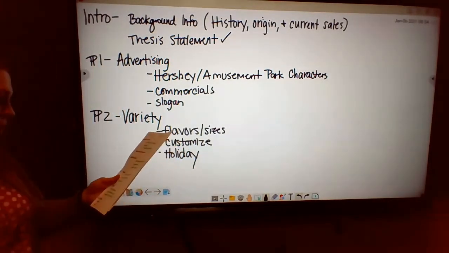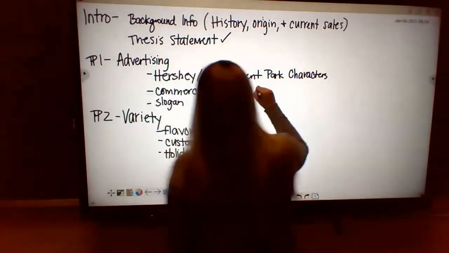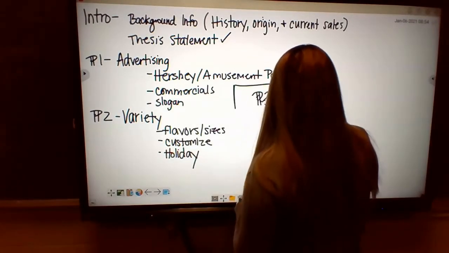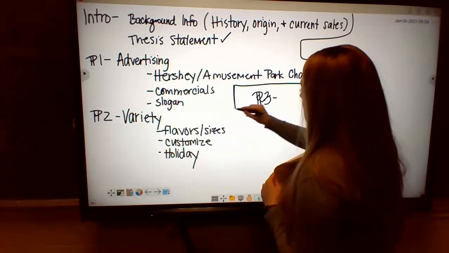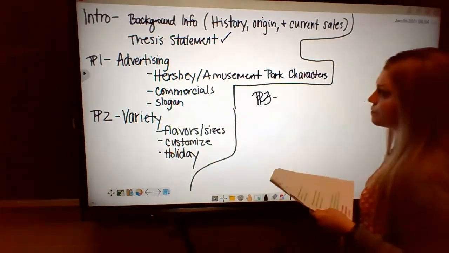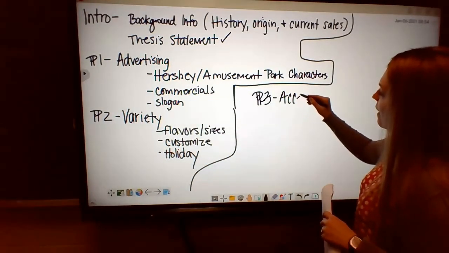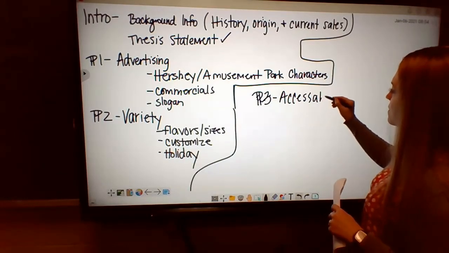All right, and then we are off to paragraph 3, which I'm just going to put over here. So paragraph 3 is going to be accessibility. And remember, we already talked about this one as well.